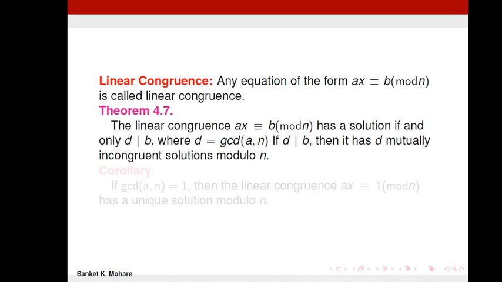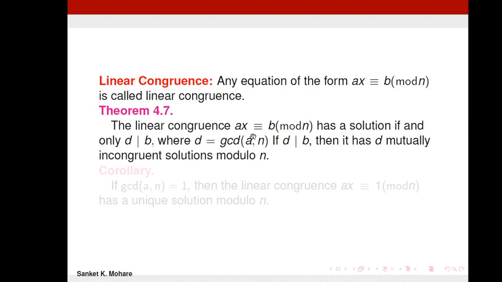Then we discussed the theorem. Theorem states that the linear congruence Ax congruent to B modulo n has a solution if and only if D divides B, where D equals GCD of A comma n. If D divides B, then it has D mutually incongruent solutions modulo n.